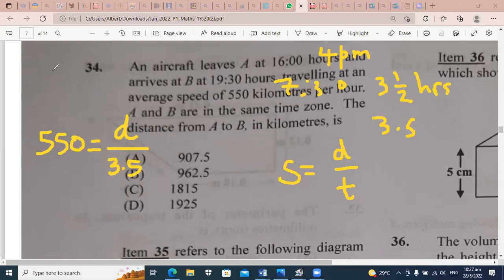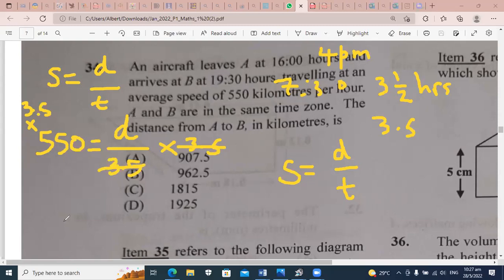I'm using the formula speed equals distance over time. To get the distance, because the question says the distance from A to B, we just multiply everything by 3.5, and that will cancel out.